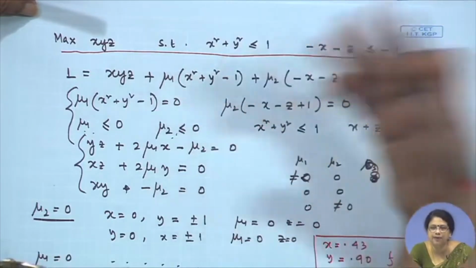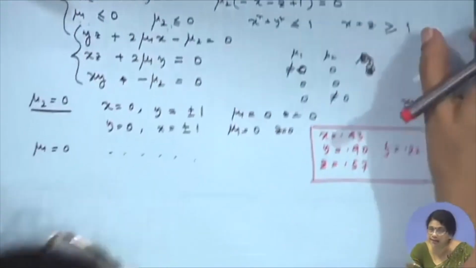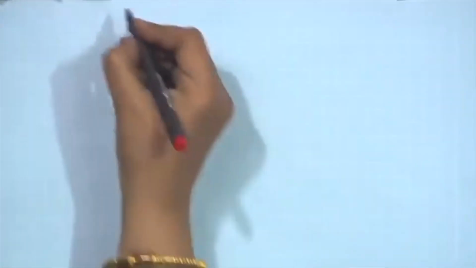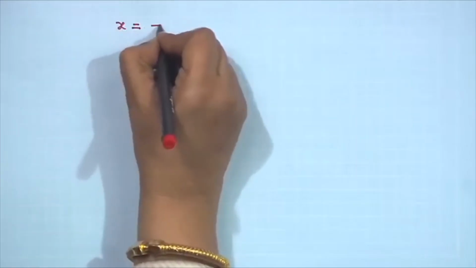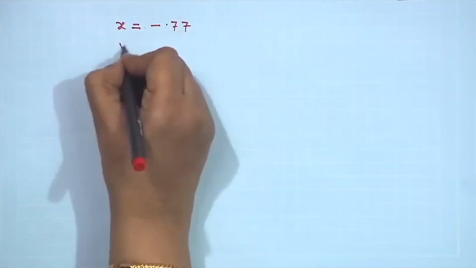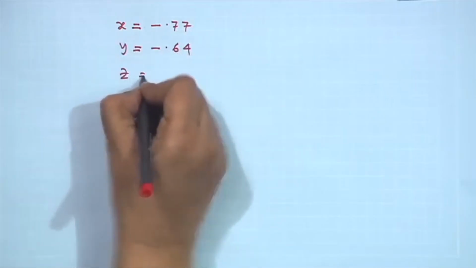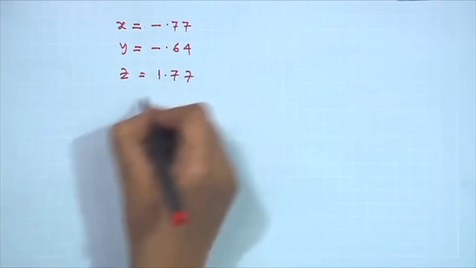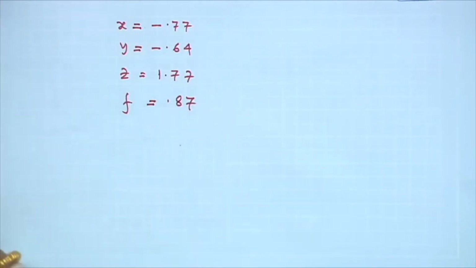X can take a negative value, y can take a negative value, z can take a negative value. If we relax that condition, then we will get a better optimal solution for the same problem: x is equal to minus 0.77, y is equal to minus 0.64, z is equal to 1.77, and the corresponding f is a better value, 0.87.